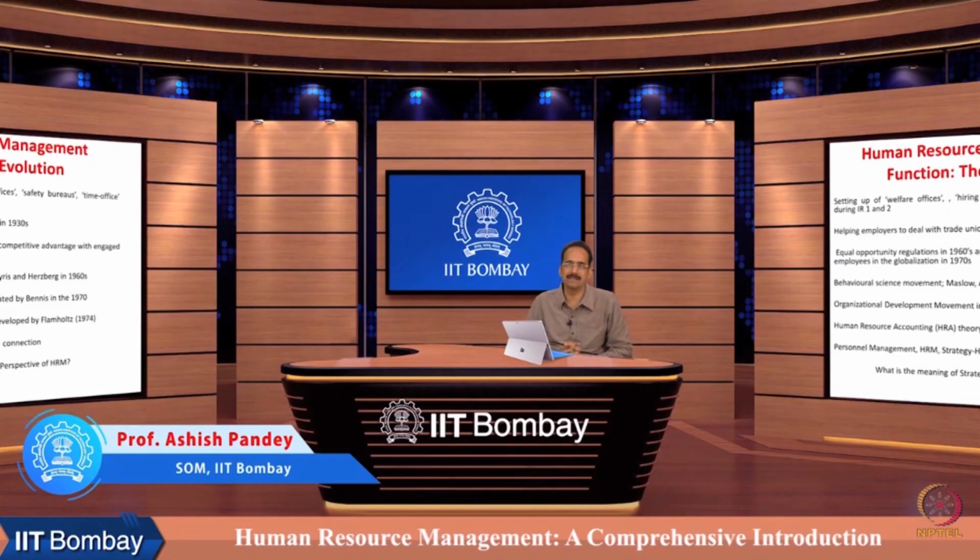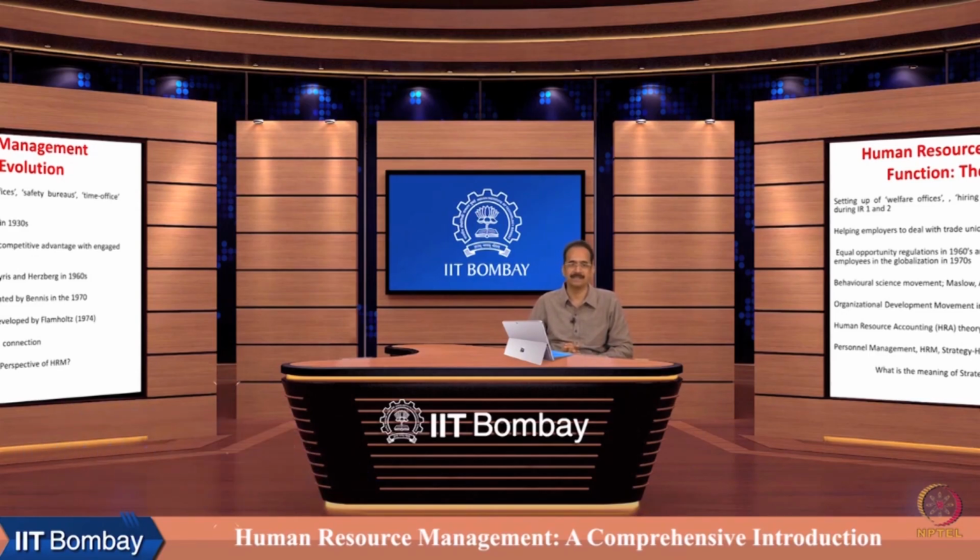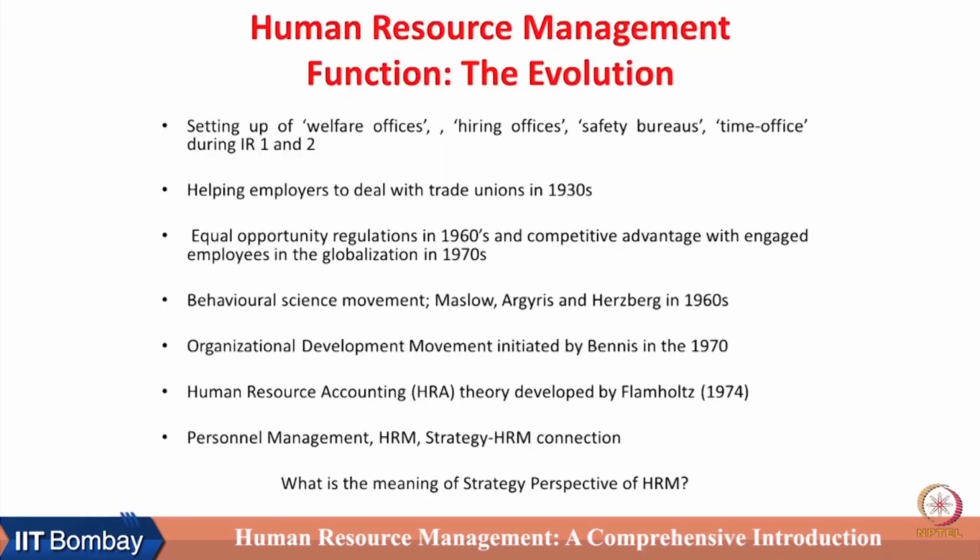Human resource management as a function has evolved through many stages in the last 150 years. If we look at the very early signs of the human resource management function in business organizations, in the workshops and factories, we can look at the examples of the welfare offices, hiring offices, safety bureau, time offices.